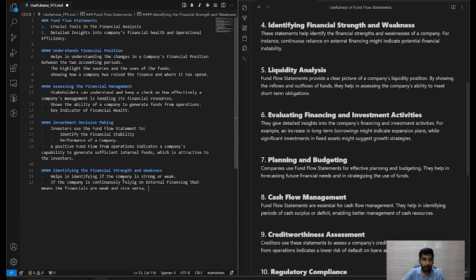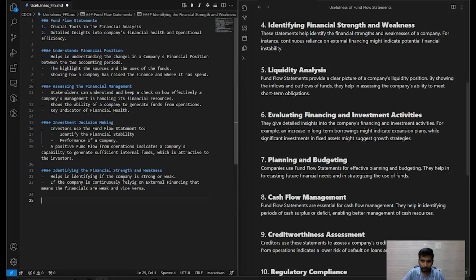By vice versa, I mean if the company is not relying on external financing, that means the financials are strong enough. So it is used as a metric to identify the financial strength or weakness of a company.